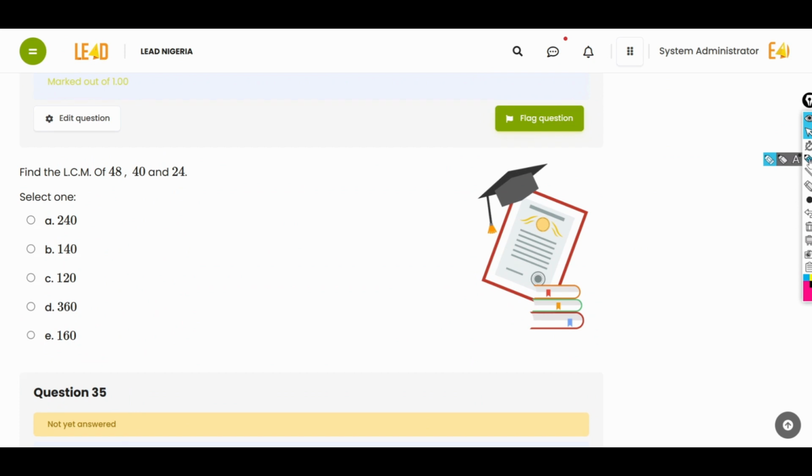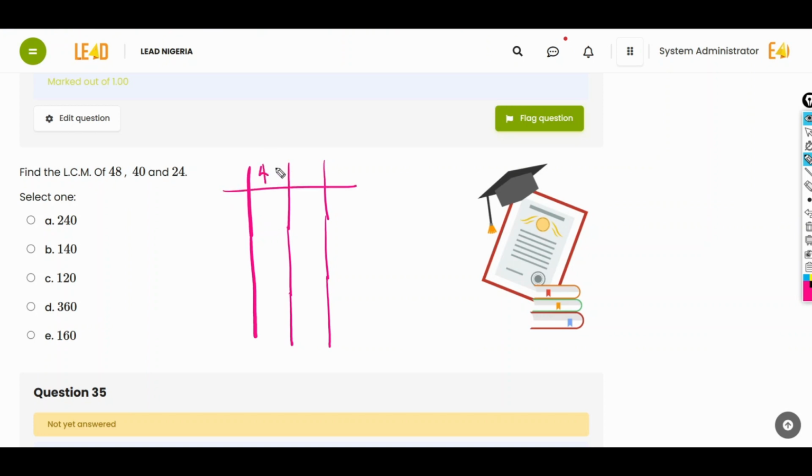All right, find the LCM of 48, 40, and 24. All right, so I'll take 2. 2 in 48 gives me 24, 20, and 2 in 24 gives me 12.